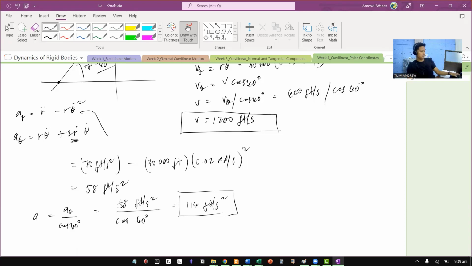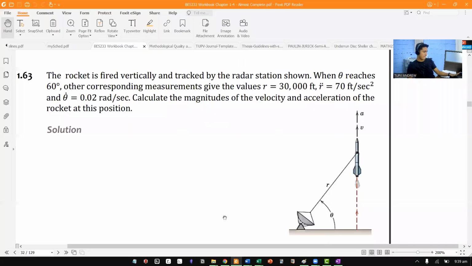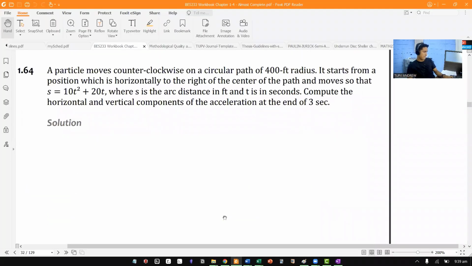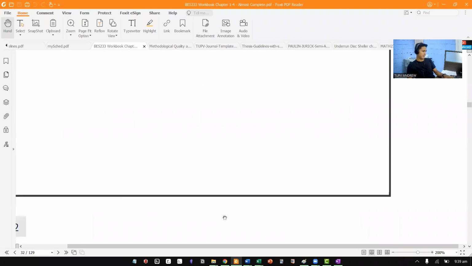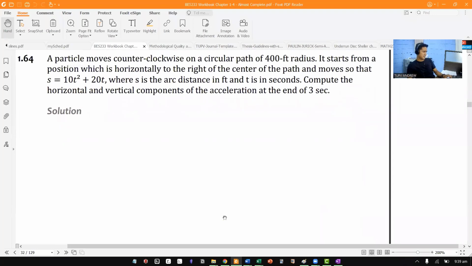Okay, last problem. This is a nice problem, I guess. Let's read together. A particle moves counterclockwise on a circular path. Last time we solved it using normal and tangential, but this time I think we're going to solve it using radial and transverse.